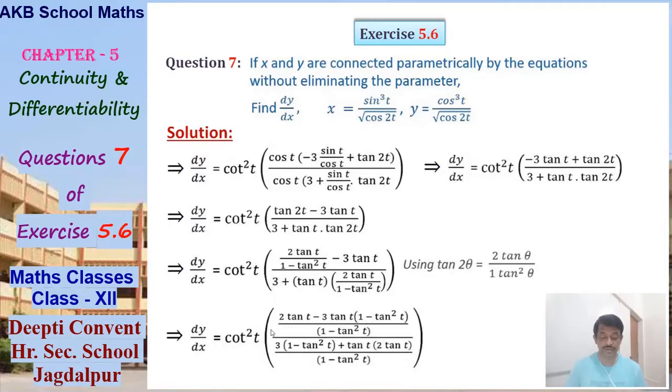Now solving it by taking LCM, 1 minus tan square t, the denominator is also 1 minus tan square t, and this is multiplied by this. Similarly here, multiply 3 by this.